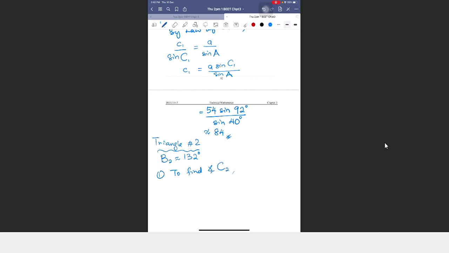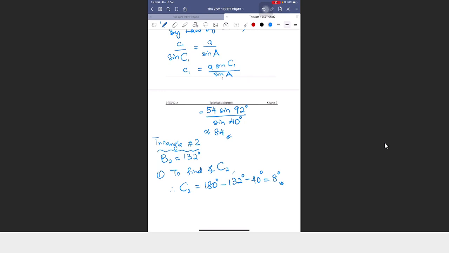So C2, straight away you subtract 180 degrees by 132, as well as the given angle A from the question, which is 40 degrees. So 180 minus 172, you get 8 degrees.